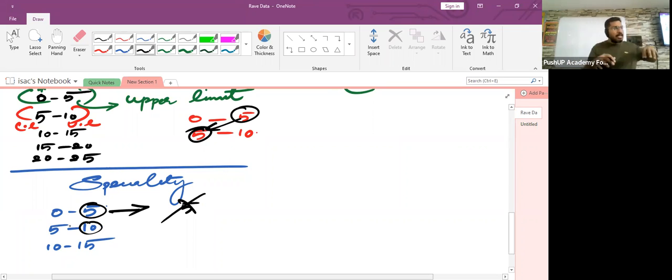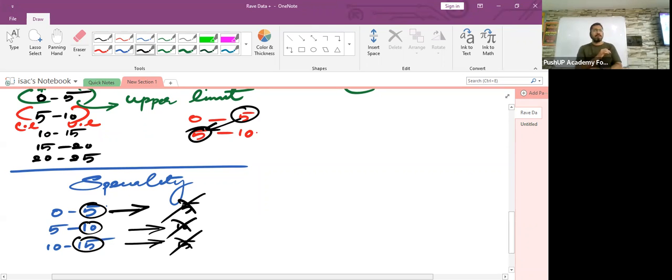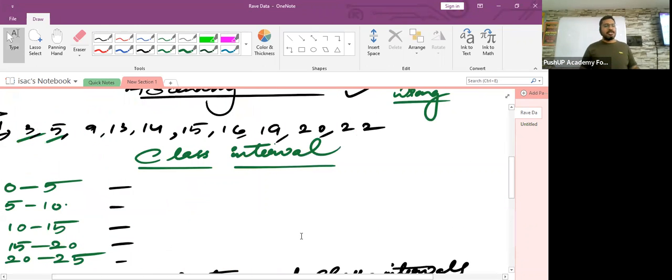So that number 10 will not be considered for counting. Here I will just write 10 and a cross mark. That means 10 is not counted in the second class interval. Similarly, for the third class interval, 15 will also not be considered for counting.